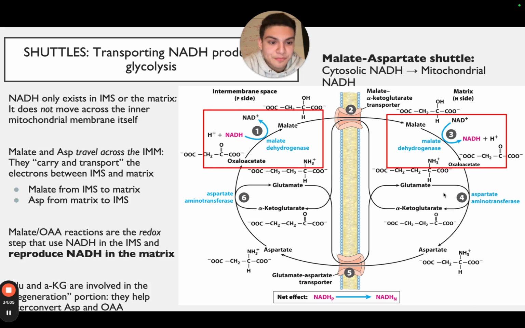But essentially, we're going to have our malate go into oxaloacetate, right, after it donates the electrons to NAD+ to form NADH. The oxaloacetate is going to do this aminotransferase reaction, meaning that we're transferring an amine from glutamate onto oxaloacetate. And what ends up happening is we form aspartate. This is very easy to memorize because it's the malate aspartate shuttle.